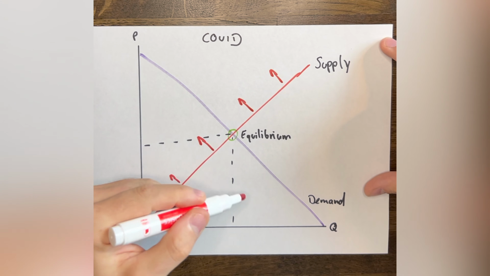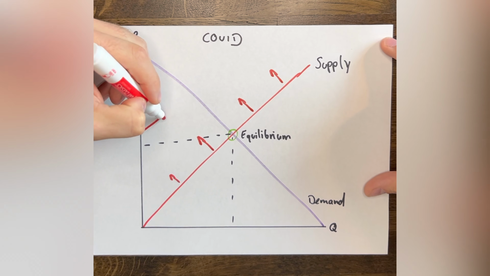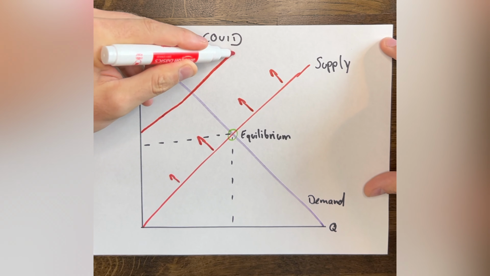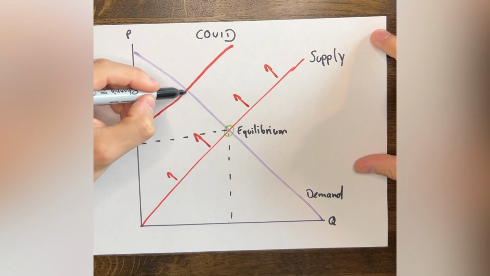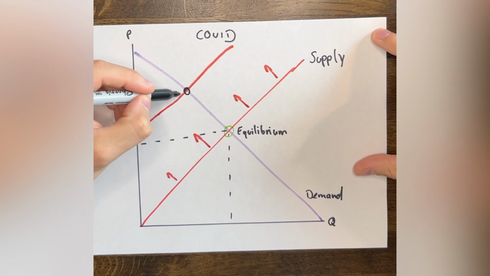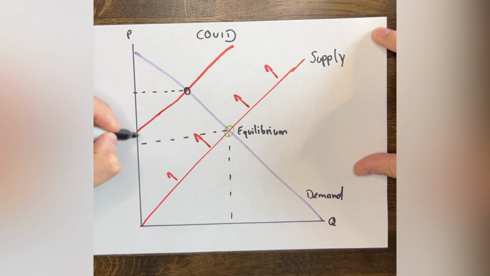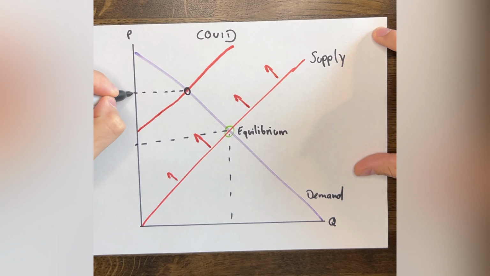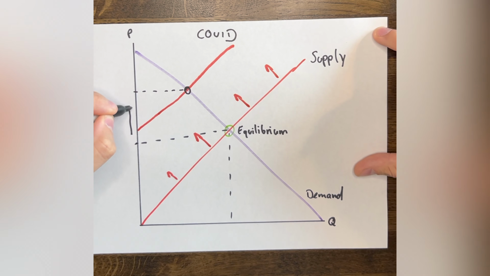Remember, Q stands for quantity, so less supply. Okay, so we're going to shift this here. Okay, now our new equilibrium is going to be right here. Okay, you can see on the price axis, we just went up.